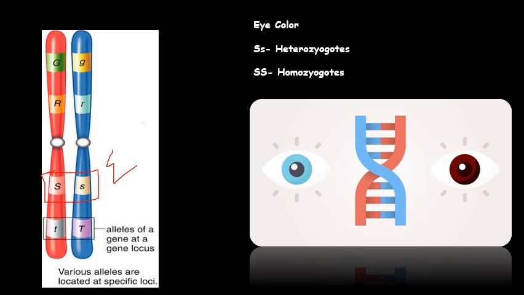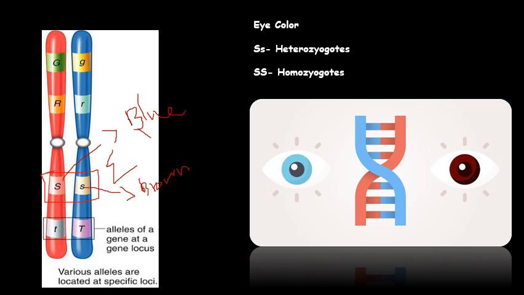So we'll put I here. Capital S means, let's just say, blue color. Small s means brown color. So don't get confused: capital S means blue color and small s means brown color here.